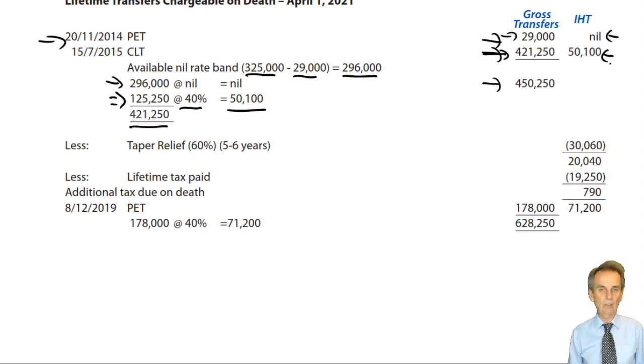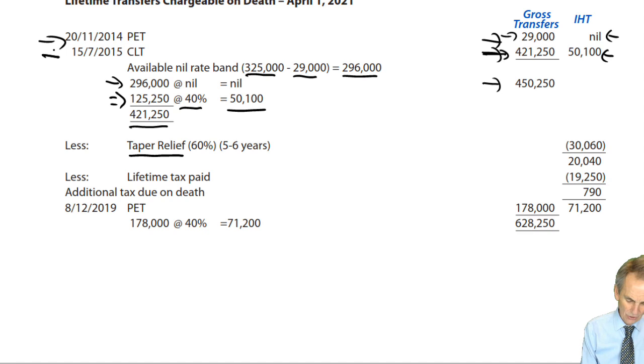Now that's your tax figure based on the use of the nil rate band, but of course it isn't the amount of tax that has to be paid as a result of the death of the taxpayer within the 7 years of making that transfer into the trust. What we have to begin with, you must do them in this order, is taper relief. So again, the date of this transfer was July 15, so you count forward.